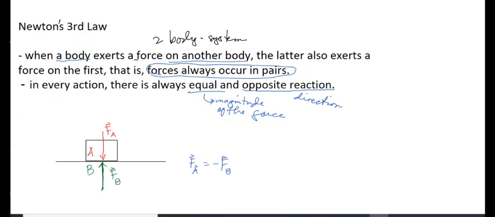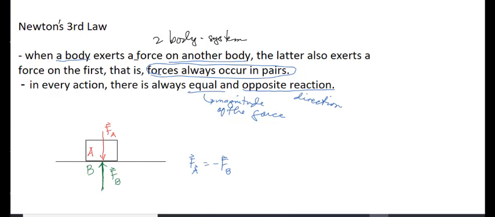Let's try this illustration. Say we have a box resting on top of the table. Let's label our box as body A and the tabletop as body B. Body A will exert a force on body B with the force Fa.